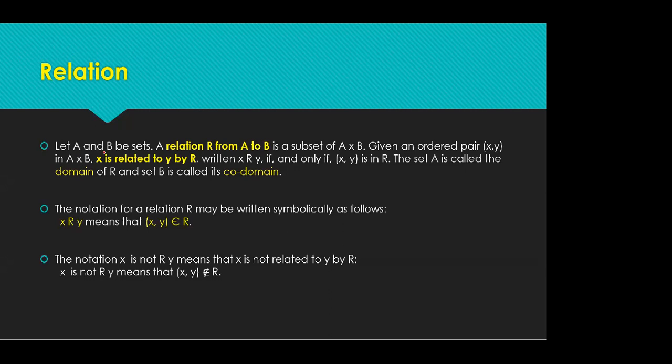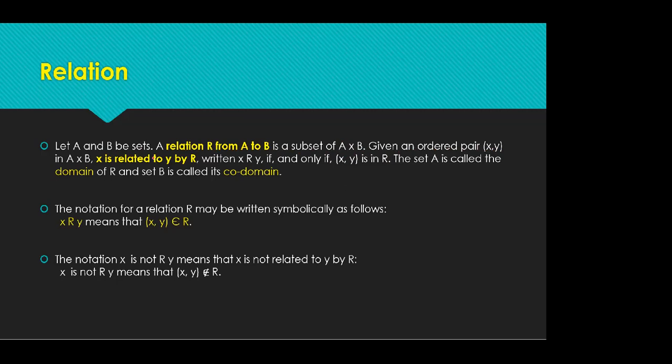So, let's move on to the topic, relation. Let set A and B, wherein a relation R from A to B is a subset of, what is this again? Cartesian product, right? From yesterday. Given an ordered pair, because it is a Cartesian product, it would give us an ordered pair.